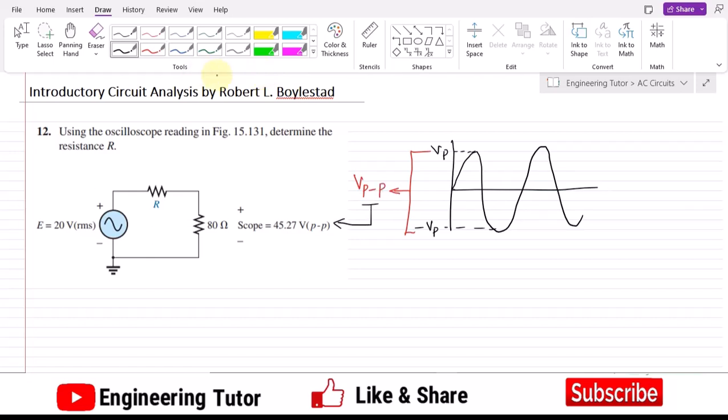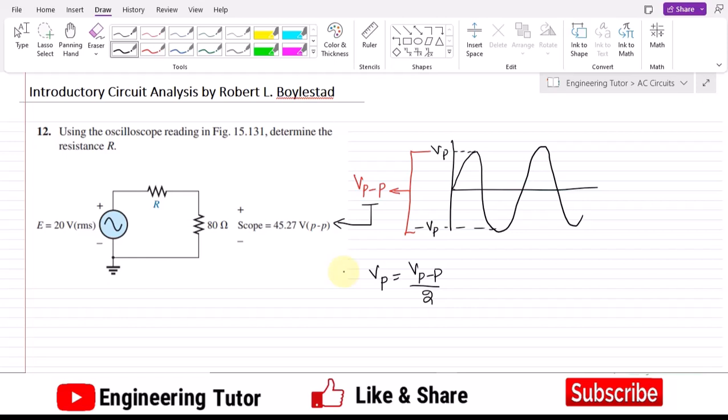As this is a symmetrical waveform, in order to find the value of Vp from these types of waveforms, we have to divide our peak to peak voltage over 2.